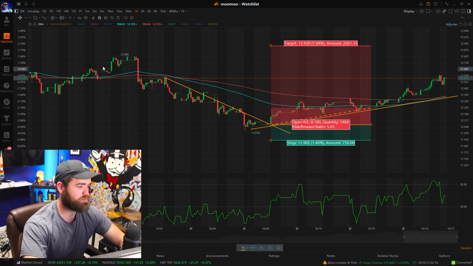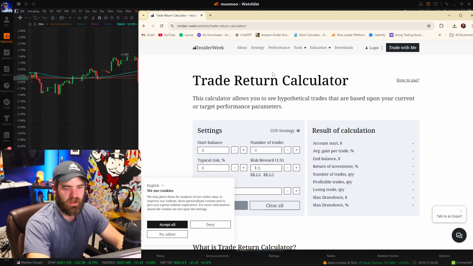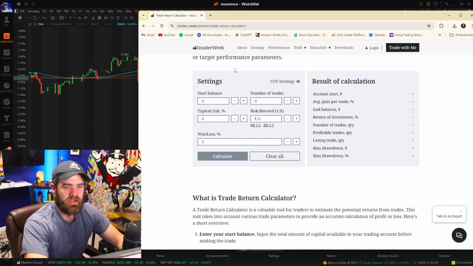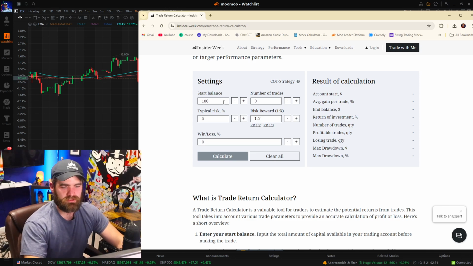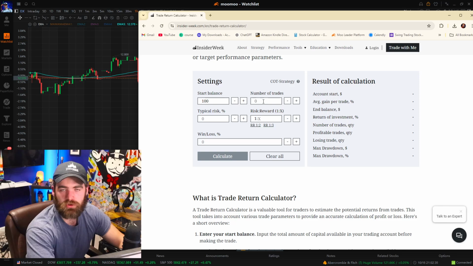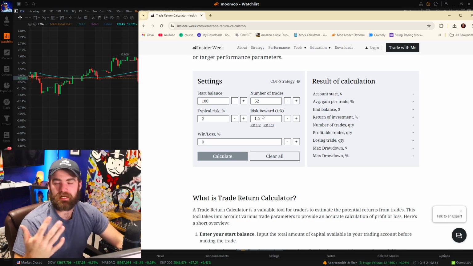And let me show you how incredible something like this can be. So this is a trade calculator that I just found right on Google. I literally looked up trade return calculator. So imagine if you guys had, starting out with $100. You took, let's just say over the course of a year, you took one trade a week. So that's 52 trades a year. Now, the typical risk, like I said, is 2%.